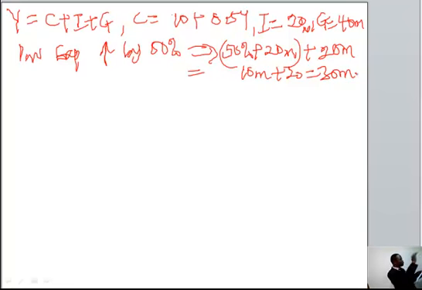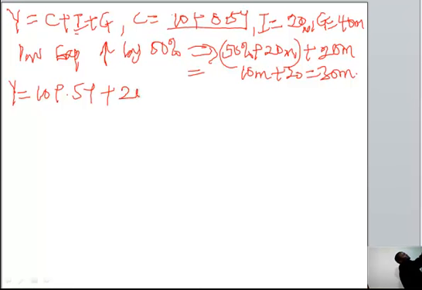But let's try to get the equilibrium national income first. Our Y is equal to C, which is 10 plus 0.5Y, plus our investment of 20, then plus G, which is 40.